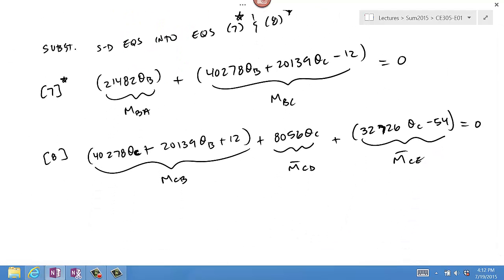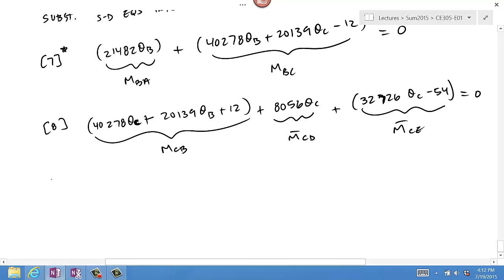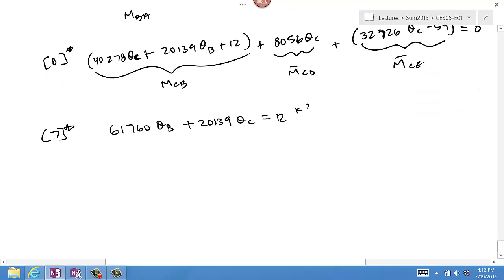So you have these two equations. You have to simplify them. Equation 7 star simplifies to this, and equation 8 star simplifies to this.